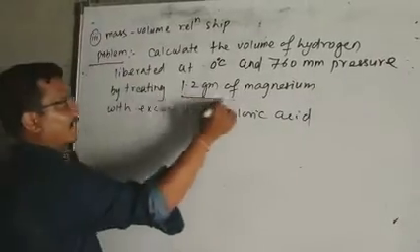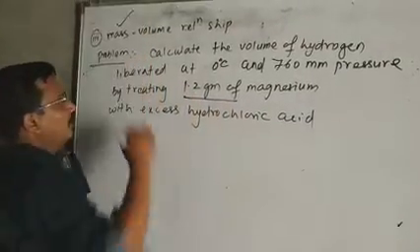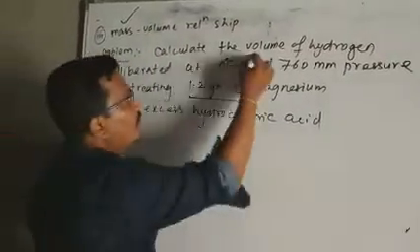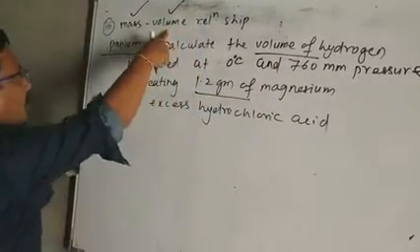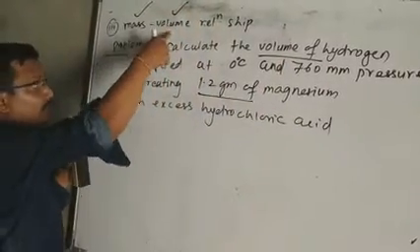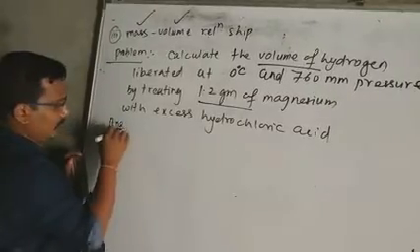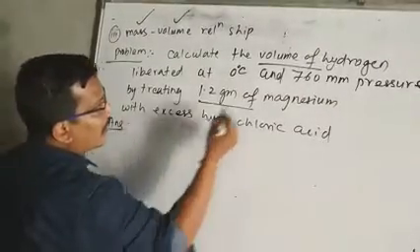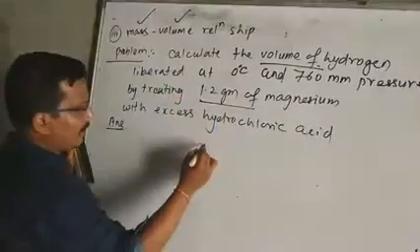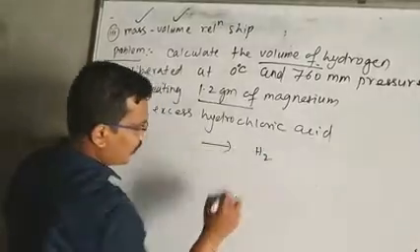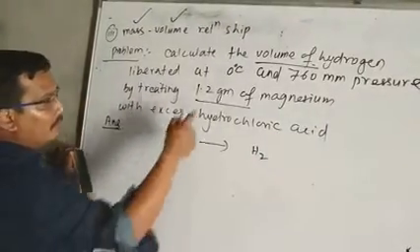Here the mass of magnesium is given, and your aim is to find out the volume of hydrogen. Then the first step is, what will be the equation? Here hydrogen liberated means hydrogen is produced, so it is the product side.